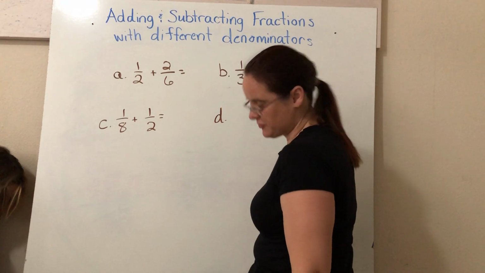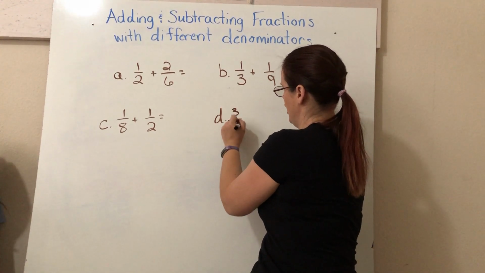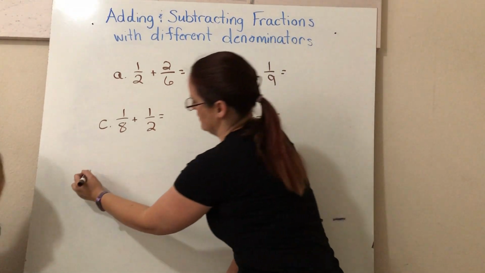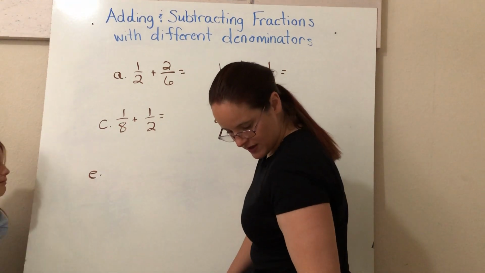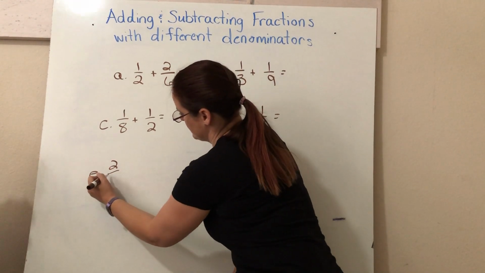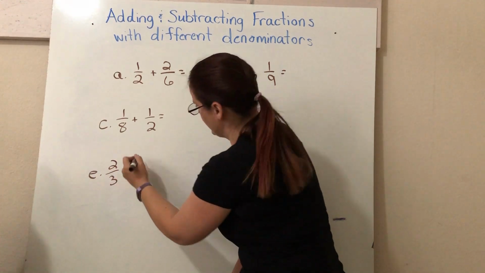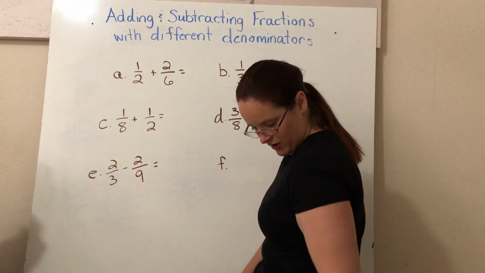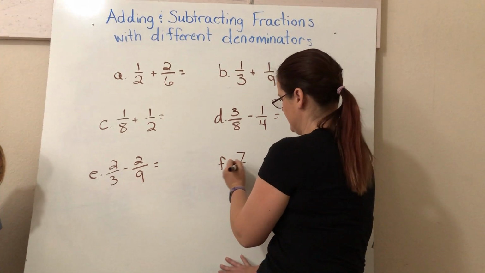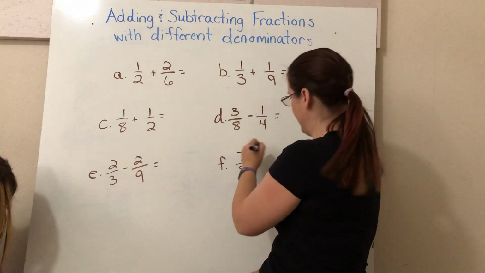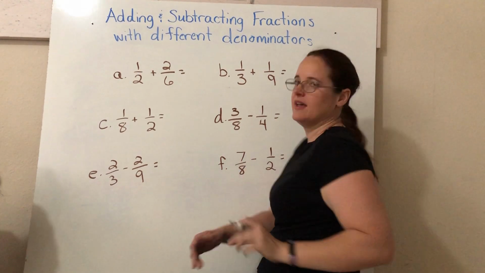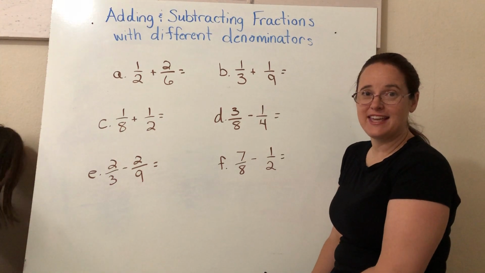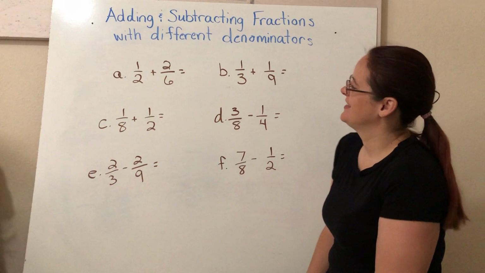Then here's where we start subtraction. 3/8 minus 1/4. Two-thirds minus 2/9. And F, we have 7/8 minus 1/2. Here's where you can pause the video, give these a shot on your own, and when you hit play again, we'll go over the answers together.